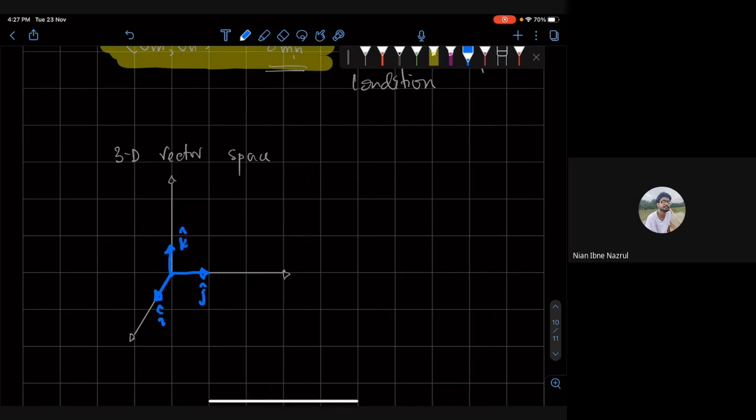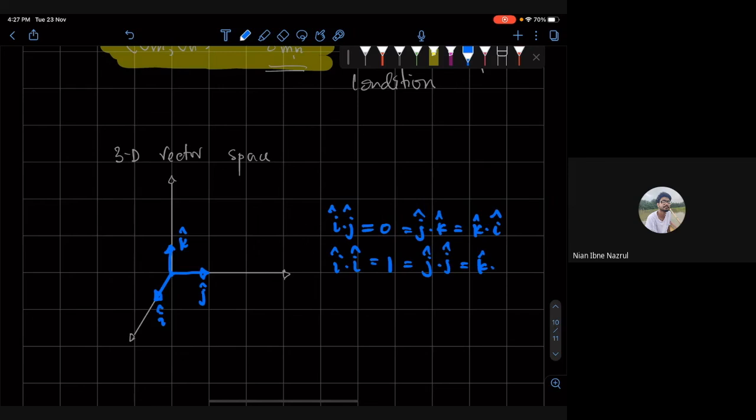Okay, and i dot j is equal to 0. But so let me put hats here, but i dot i is 1, right? And then similarly, j dot k is also 0, and it's equal to k dot i. But this is equal to 1 is equal to j dot j, k dot k.